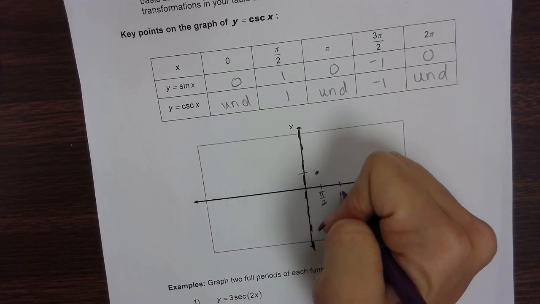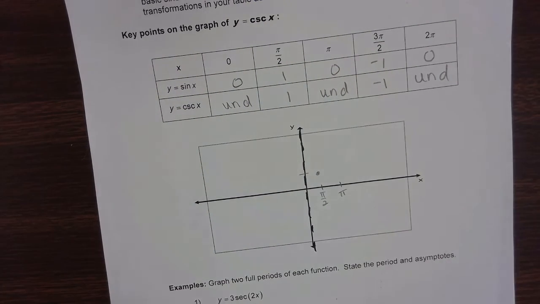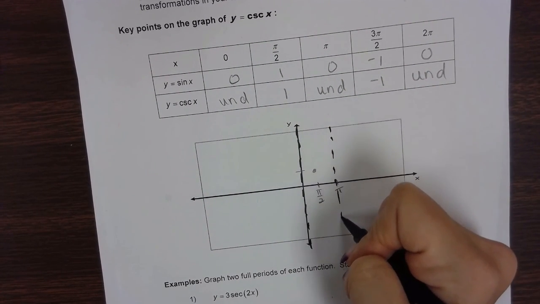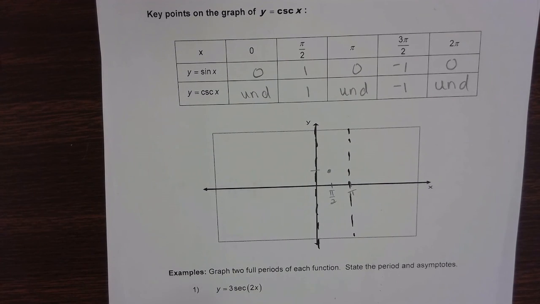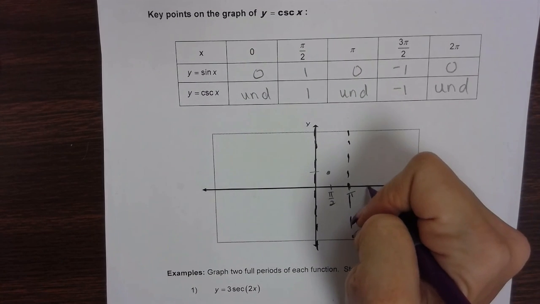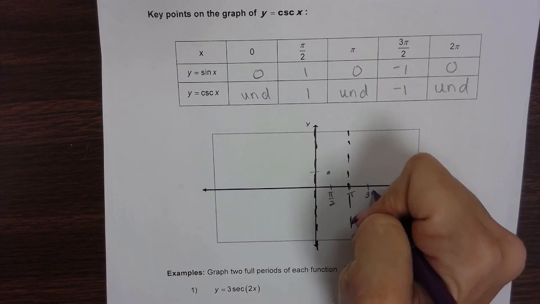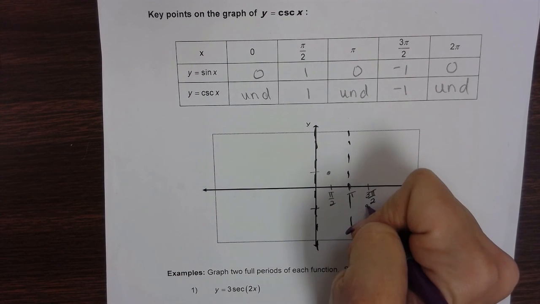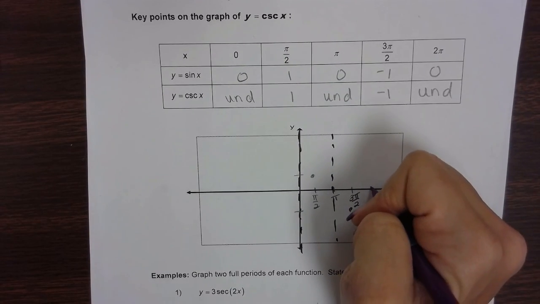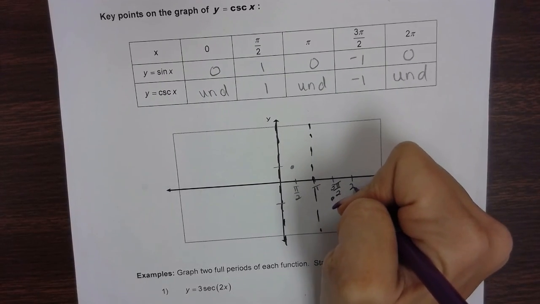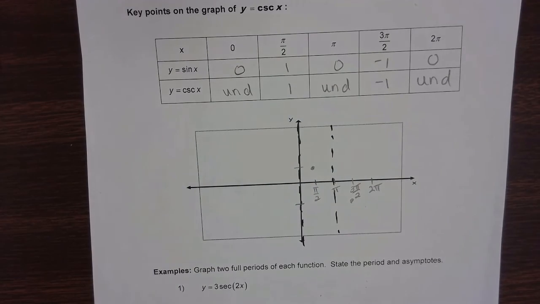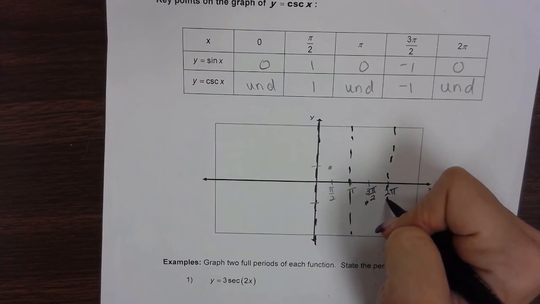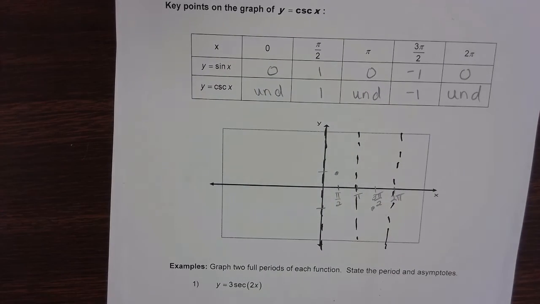At pi, we have an asymptote. At 3 pi over 2, we're at negative 1. And at 2 pi, we have another asymptote. So again, this is the full period.